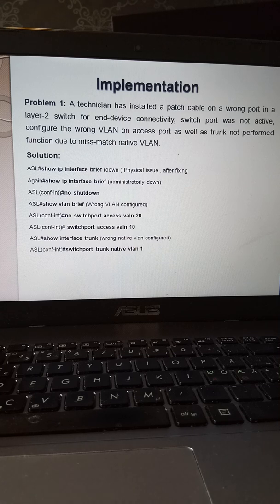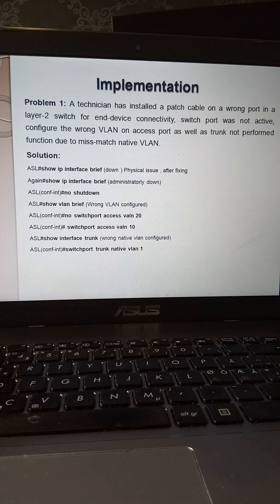We come to the access switch and enter the command show ip interface brief. The port is down, so we know the port is physically down. If we look at the switch, there is a cable installed on the wrong port. We fix the cable on the exact port.